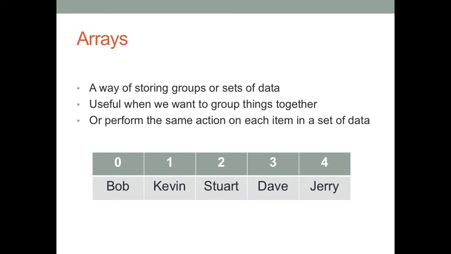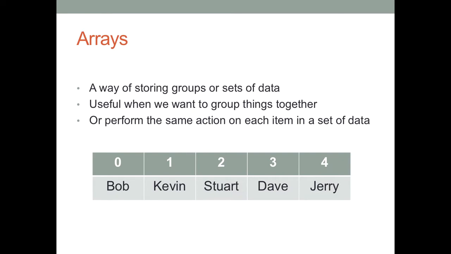It helps us to picture it like this, although you don't necessarily have to use those numbers to get at the data. There are times when it's useful to do that. Note that in programming things start with 0. We always start at 0 in programming. So though there are 5 items, there's only 0 to 4.